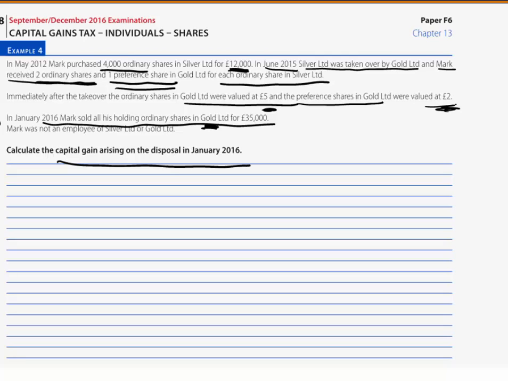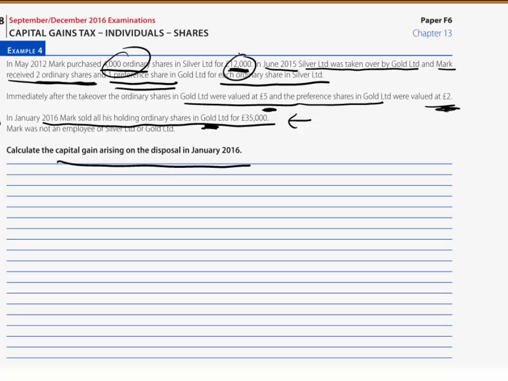So, to be able to deal with this disposal of the ordinary shares in Gold, we've got to go back and deal with that takeover. Now, we know that at the time of the takeover, Mark owned 4,000 ordinary shares in Silver, costing £12,000.